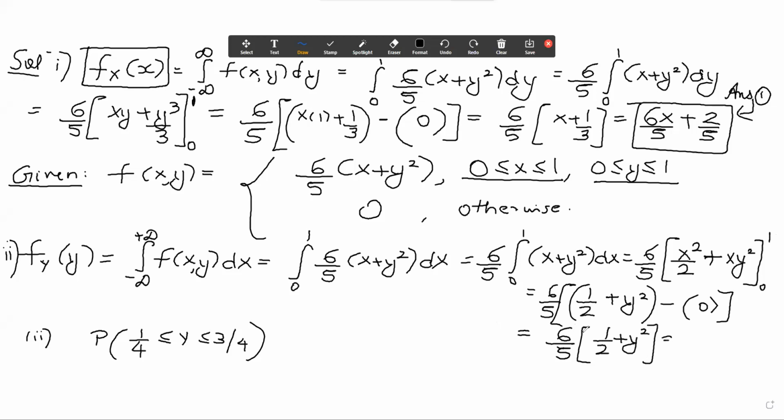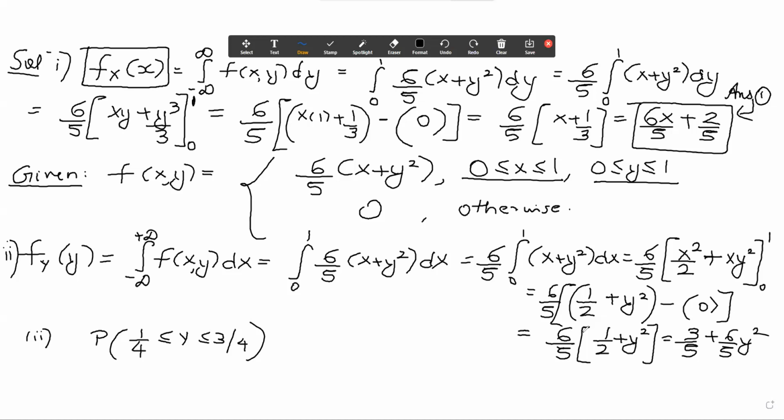So this will be 6, this will be 3 by 5 plus 6 by 5 y square. So this will be my answer for the second part.